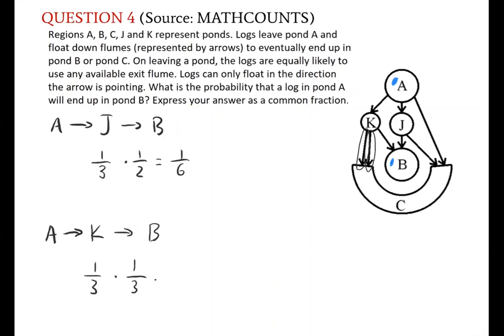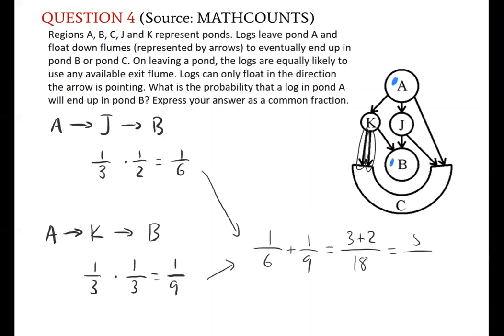So 1/3 times 1/3 is 1/9, and you just add these two together. 1/6 plus 1/9, that's equal to 3 plus 2, and that is equal to 5/18.